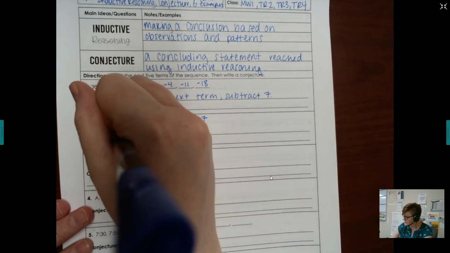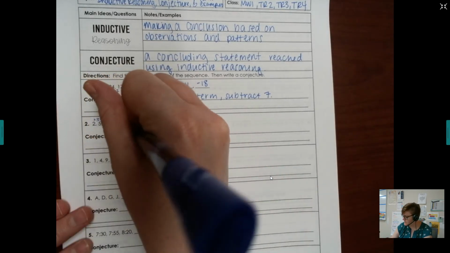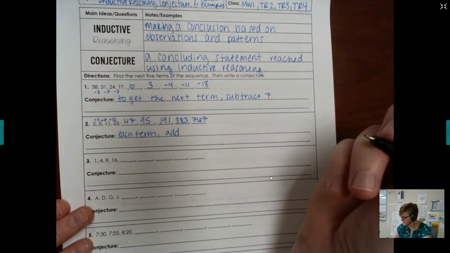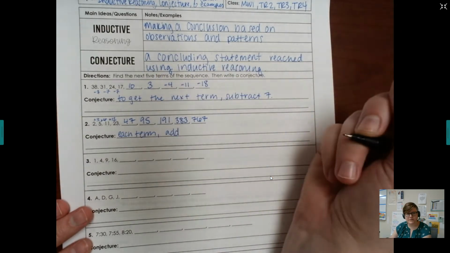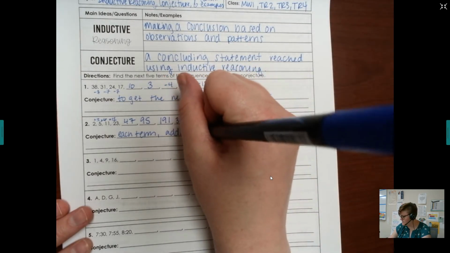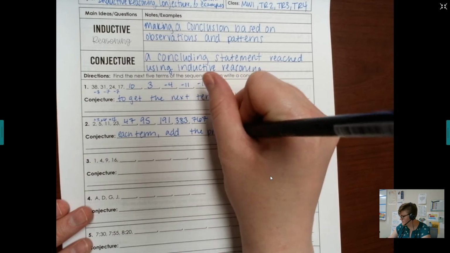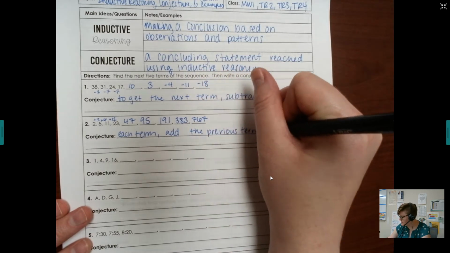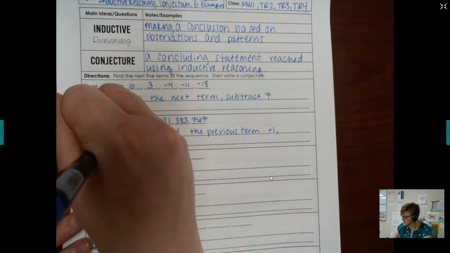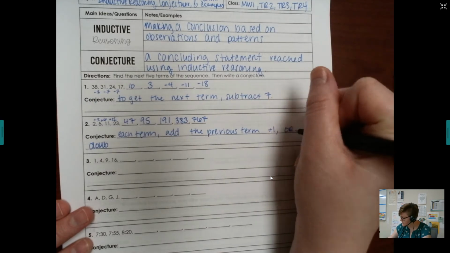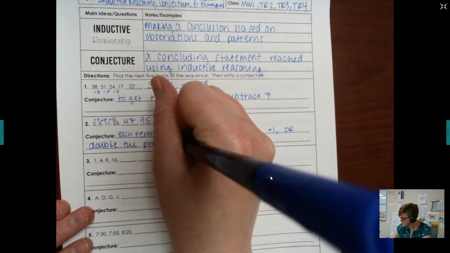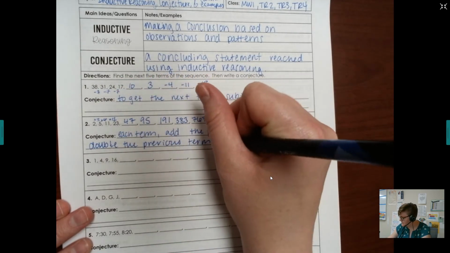So a couple ways to write this. Each term is the previous term plus 1, or you could say that you double the previous term and then add 1.